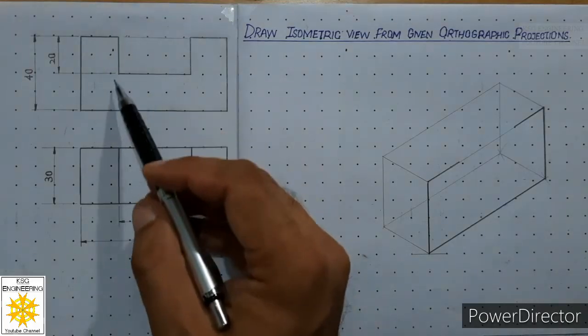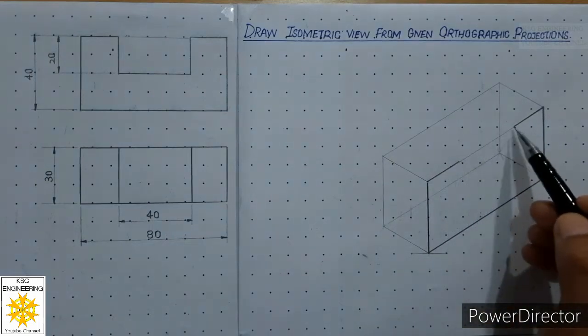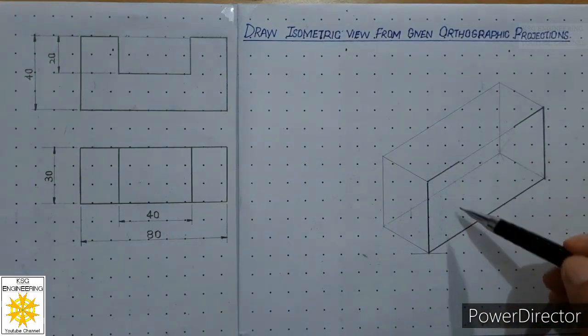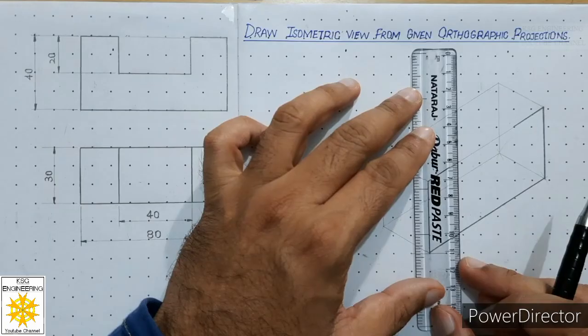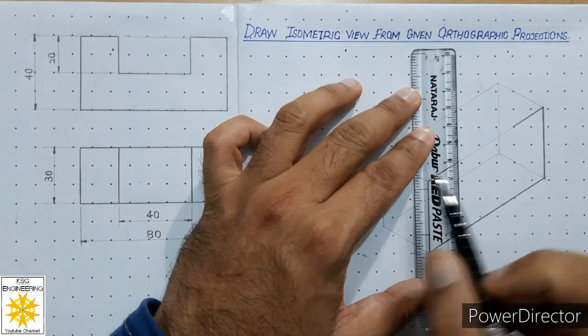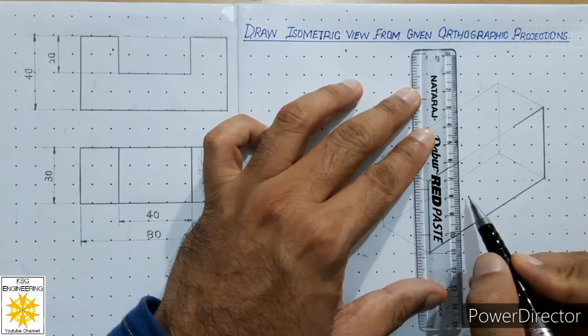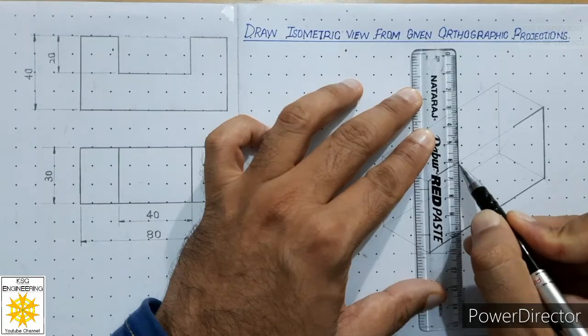Now we will draw these two edges, and the height of these two is 20. So from these two points, we will draw vertical lines. From this point, we will draw a thick vertical line of 20 millimeters, because its height is given to us as 20.